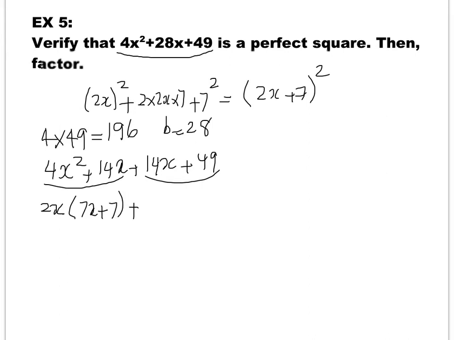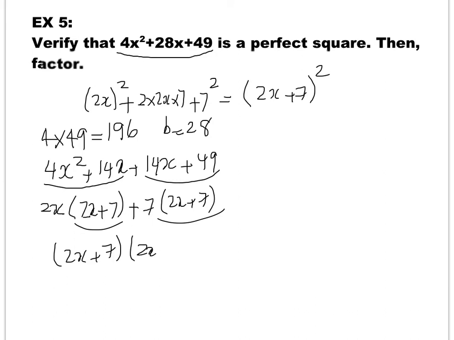And from the second one I can take 7 out, so I get 2x plus 7. Now both of them have 2x plus 7, so I take 2x plus 7 out. So I get 2x from the first one plus 7 from the second one. Both of them are the same, so I get (2x plus 7) squared. Exactly like what we got before.